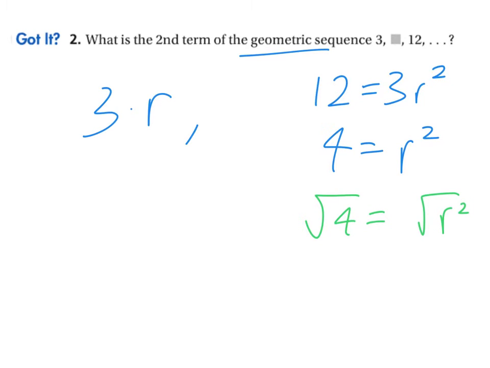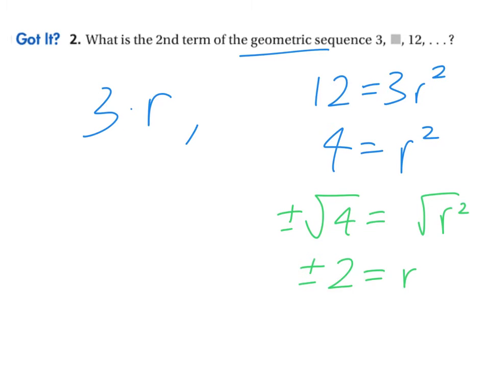the one thing that I have to remember is that I can really have a positive or negative here. And so it turns out that my ratio could either be a positive 2 or a negative 2. Now this wasn't an issue on the previous one because we had 2 missing ones and everything was positive. So really a negative couldn't have come into play there. Whereas here, this middle term could either be positive or negative.